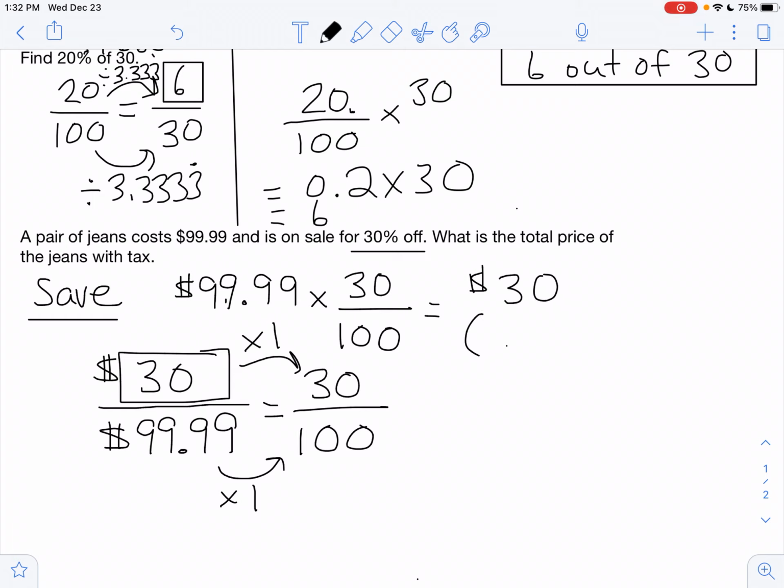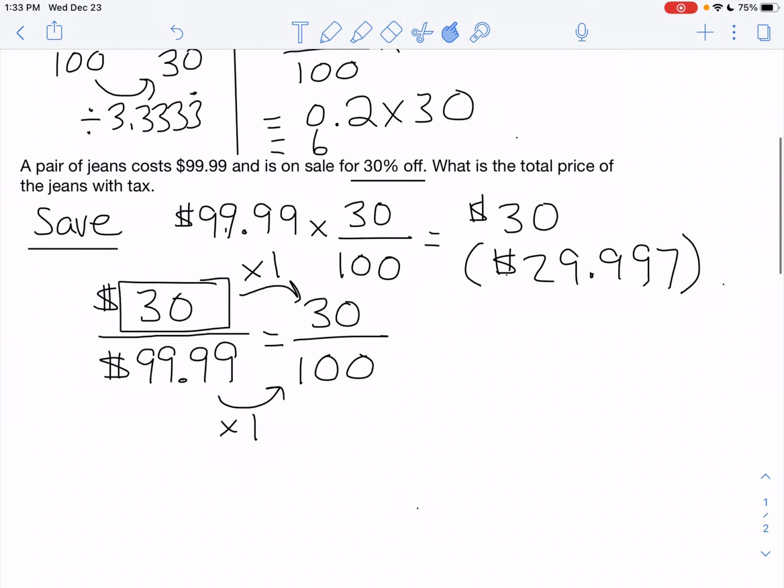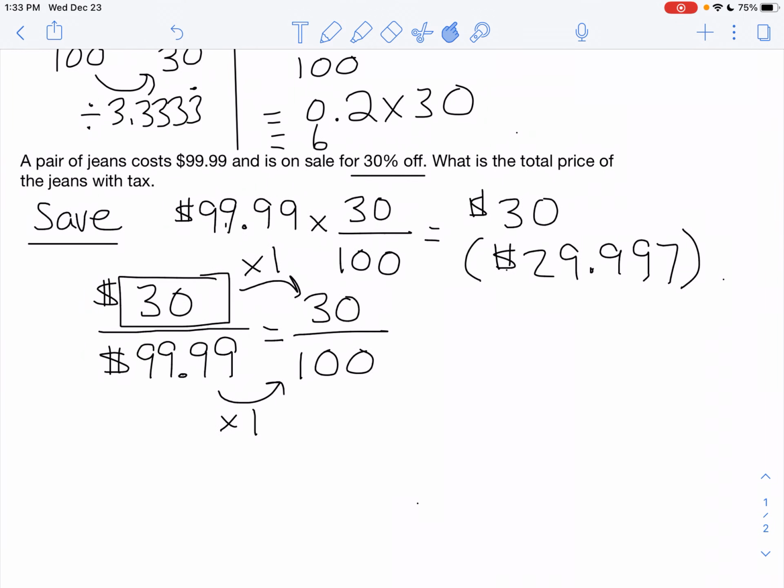Okay, so I'll just put in brackets, that was $29.997. Okay, so you do have to do a bit of rounding there. Okay, so either method works there nicely, and you might just assume that it's $30 because it's $99.99, but it's a good idea to check.